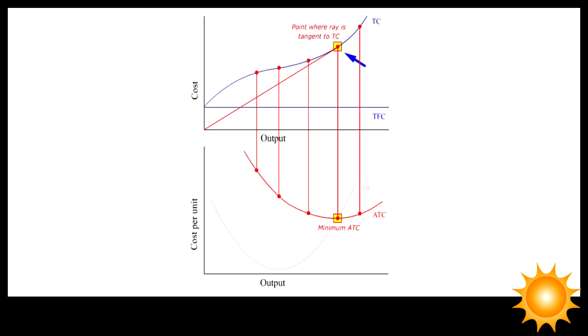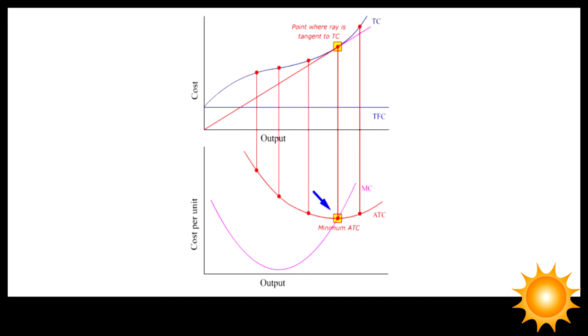Observations. First, ATC reaches its minimum when the ray from the origin is tangent to TC. Since the slope of this tangency measures both MC and ATC, MC therefore intersects ATC at ATC's minimum point.